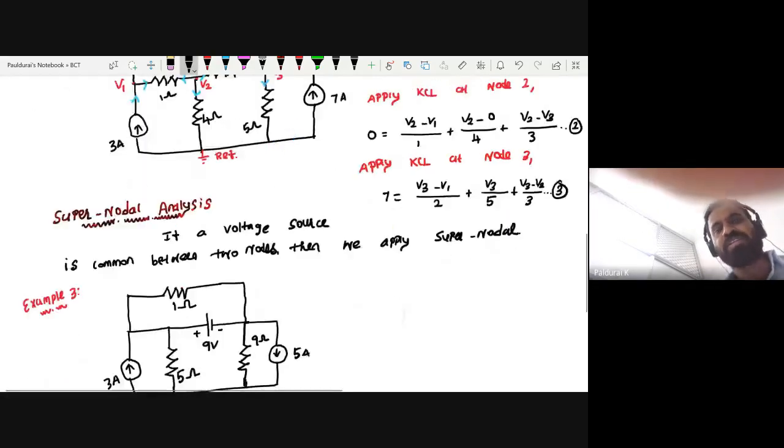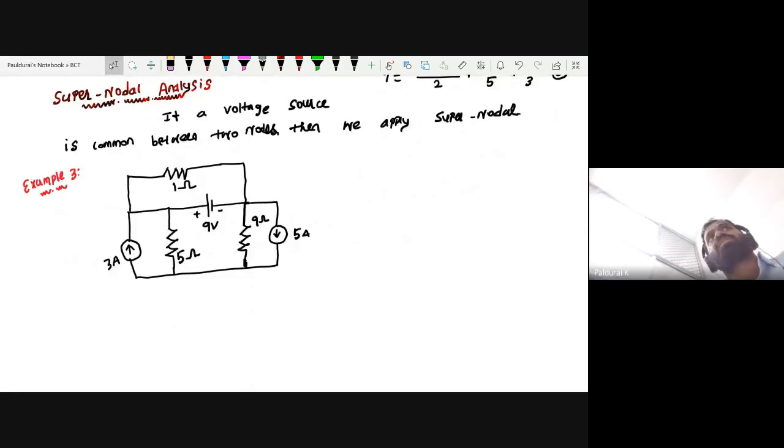It's given clearly. Just solve the problem and cross verify the final answers with my material. Now coming to example 3.